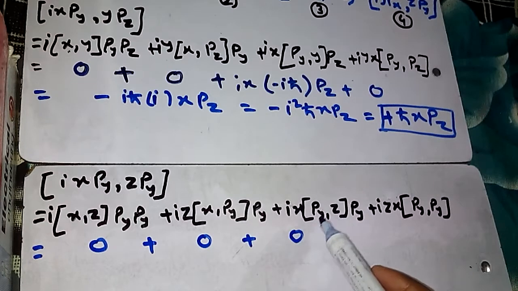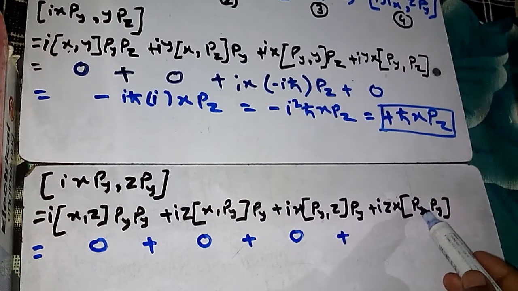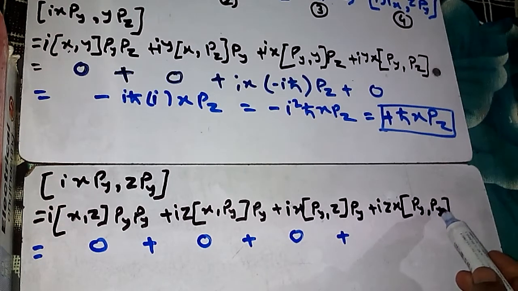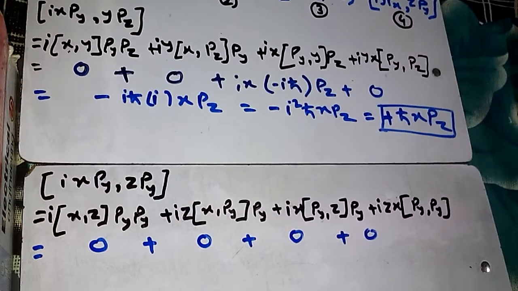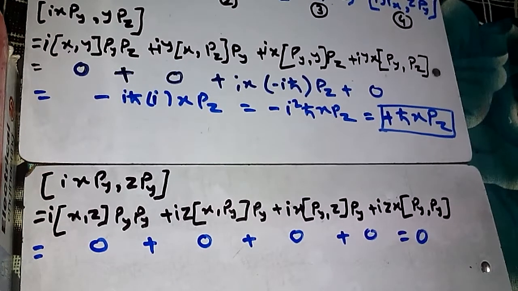This component should match in case of position and momentum, plus we also know that if it is commutation of two momentum operators, then it is 0, so all are 0, this is equal to 0. Now we will go to the third relation.